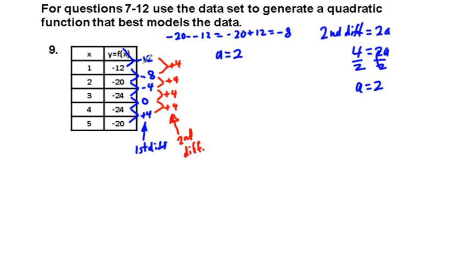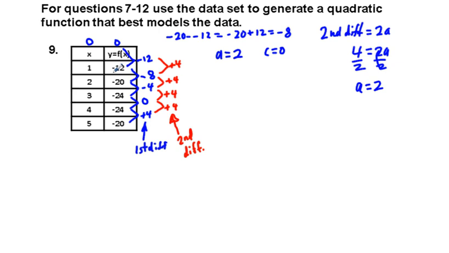And now to go backwards, what number do we add to negative 12 to get negative 12? Well, that's going to be 0, right? So 0 plus negative 12 is going to be negative 12. So that's going to give us a y-intercept, or c, is equal to 0.